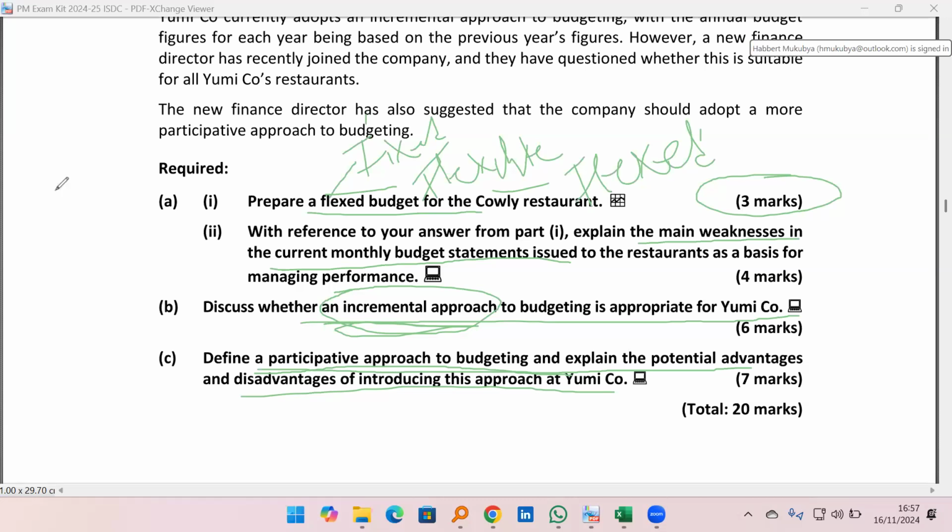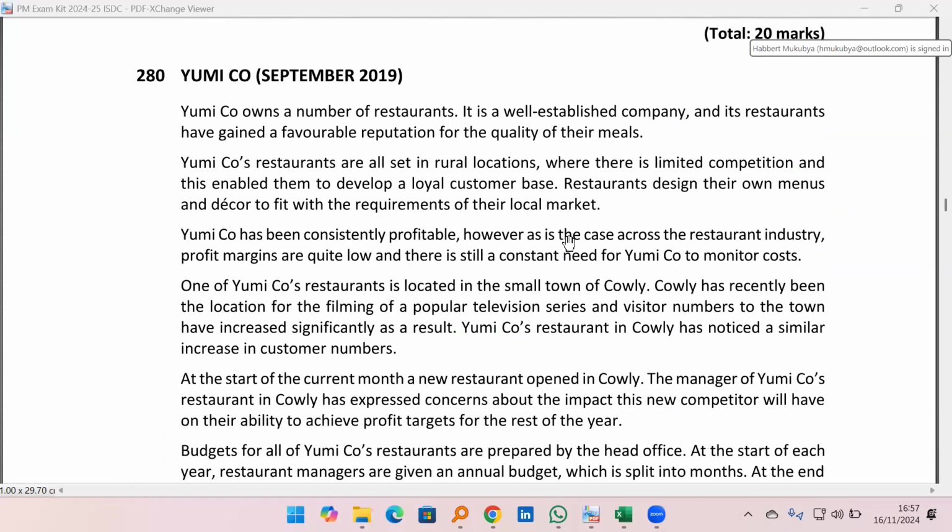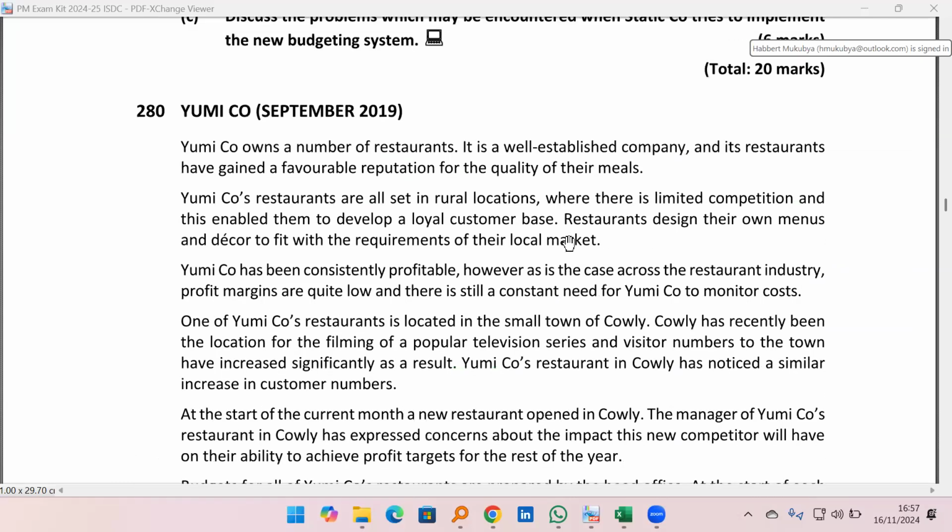So, of course, if we are now to go to the requirement or the scenario, they're saying that Yumi has a number of restaurants. It is well established, and it has restaurants having favorable reputation for the quality of their meals. So the restaurants are all set in rural locations.